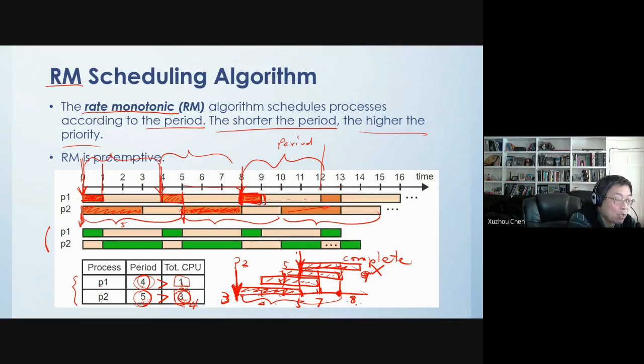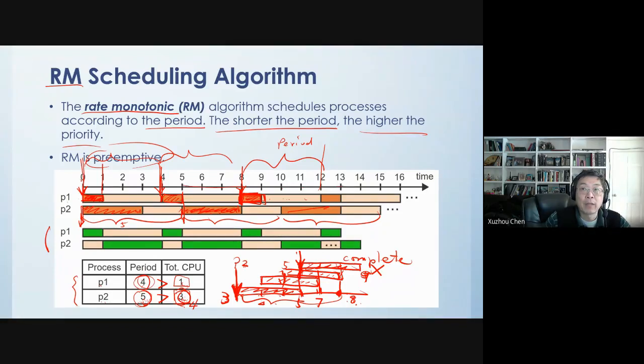So process 1 always has a higher priority than process 2. Every time process 1 requests the CPU while process 2 is using it, you always preempt. Process 1 is always going to be able to kick process 2 out, no matter what happens.